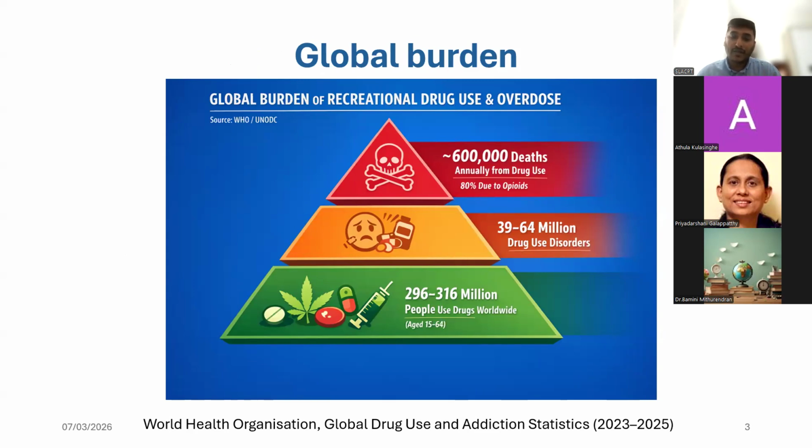Out of them, 39 to 64 million people have drug use disorders. And the alarming thing is that every year there are 600,000 deaths reported due to recreational drug use, with the majority due to opioid overdose.